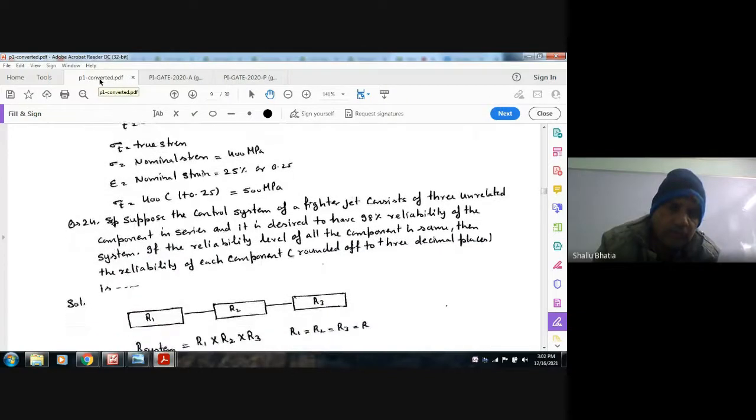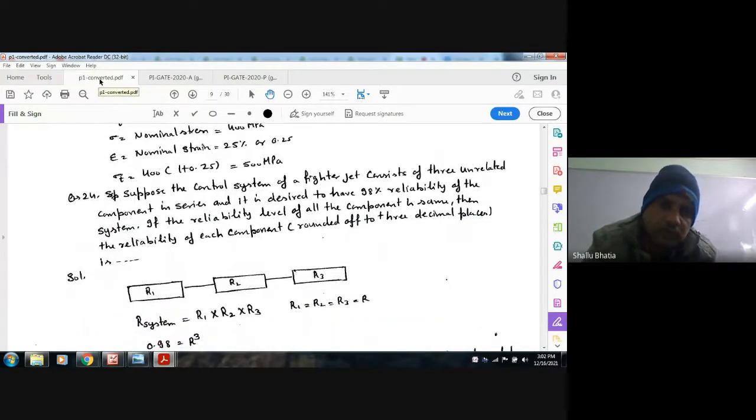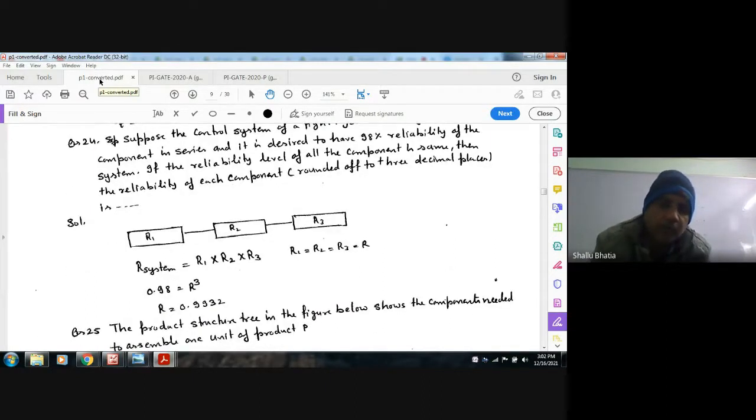Question number 24. Suppose the control system of a fighter jet consists of three unrelated components in series, and it is desired to have 98% reliability of the system. If the reliability level of all components is the same, then the reliability of each component rounded off to three decimal places is, so in series the total reliability is the product of the reliability of all the components.